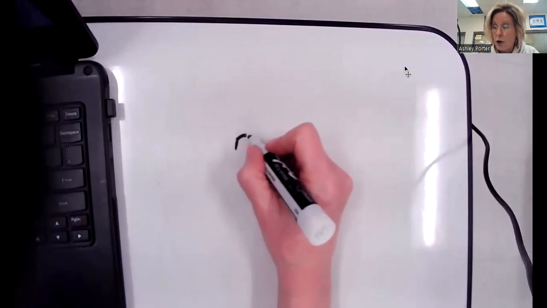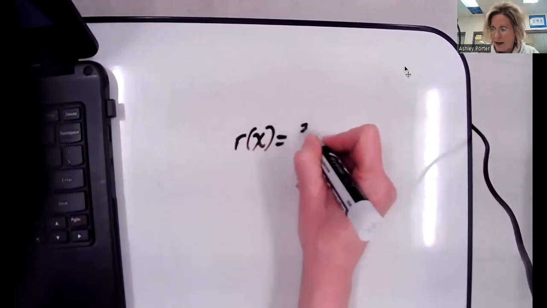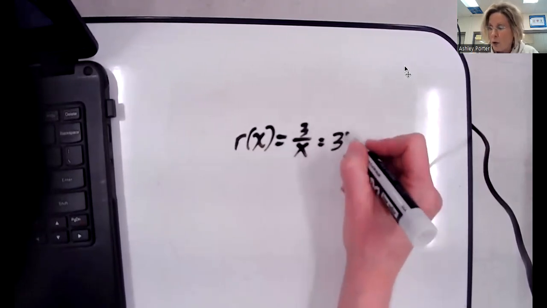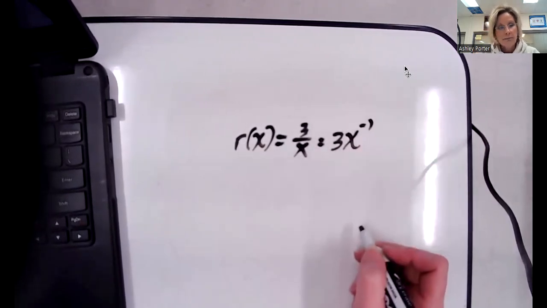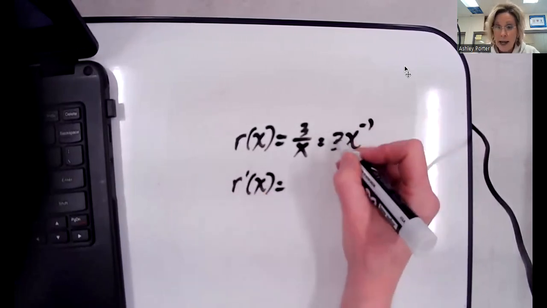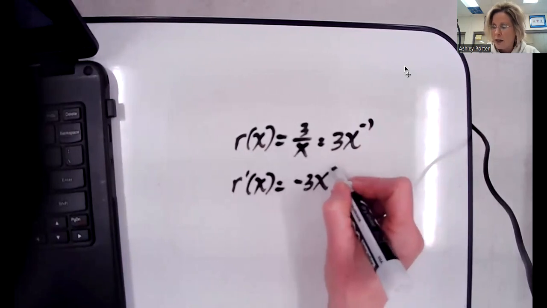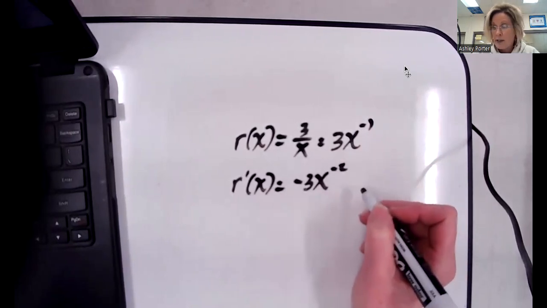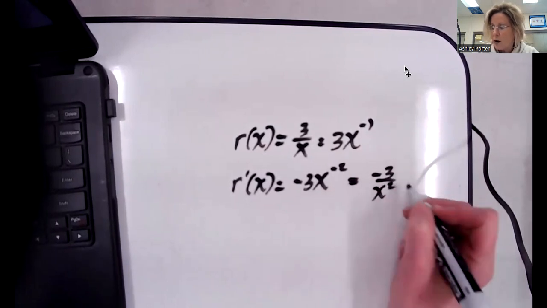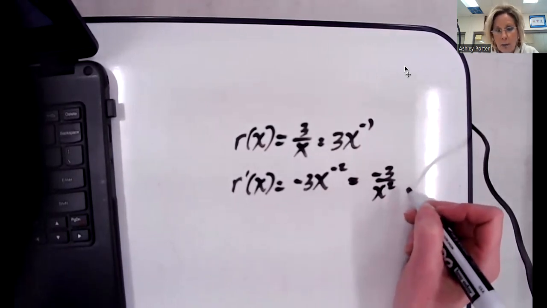Consider if I ask you to do the third derivative, we'll say of r of x equals 3 over x. You may want to write this in a more derivative ready format. So r prime of x equals -3 x to the -2. Now, technically, you should say that's -3 over x squared if all I'm asking you to do is r prime.